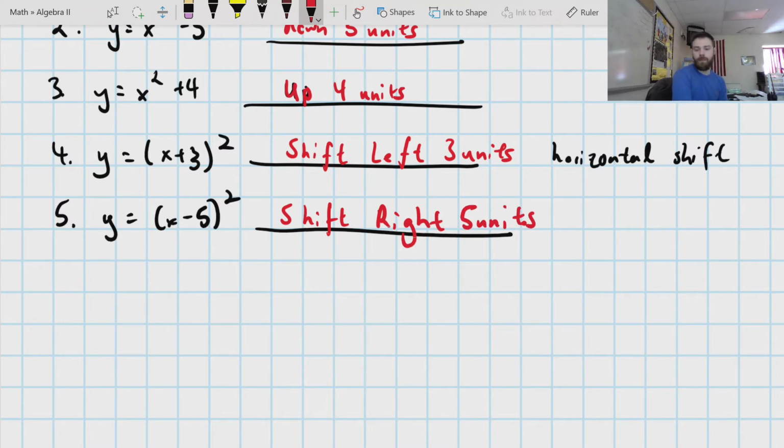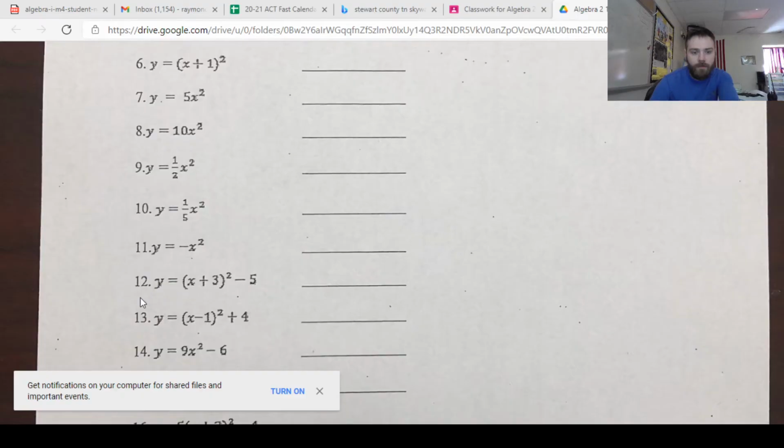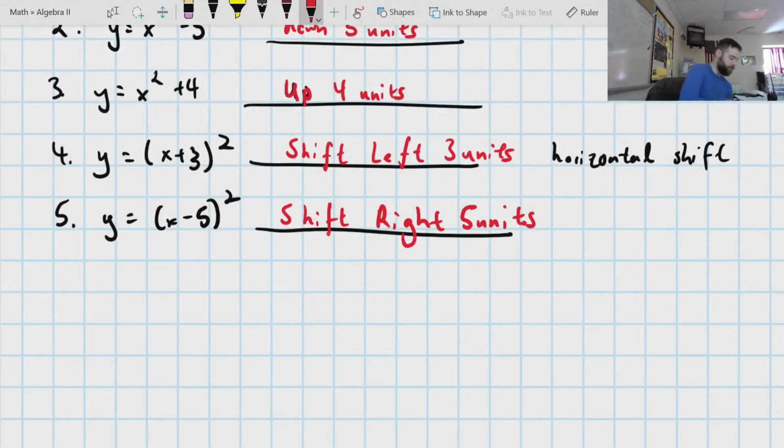Okay, so that's another one. Let's zoom out here. Start with number 6, you'll find x plus 1 quantity squared. So we're going to do that one next.